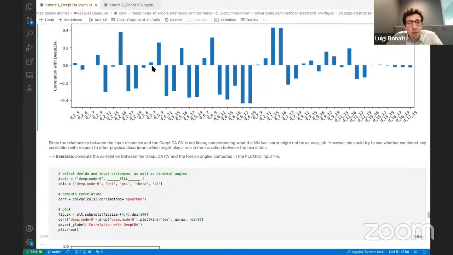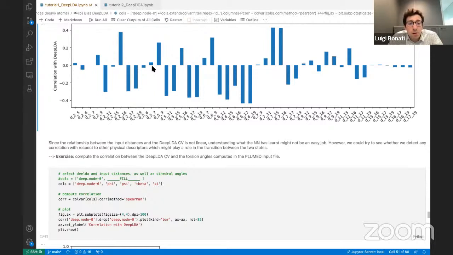We are leaving the job of making a good CV out of them to the neural network. But of course, the resulting model is quite cryptic. One nice way of interpreting it, rather than just looking at the relationship between the inputs and the outputs, is to compute the correlation of the CV with a set of other physical parameters. Here, it could be, for instance, angles or torsional angles.